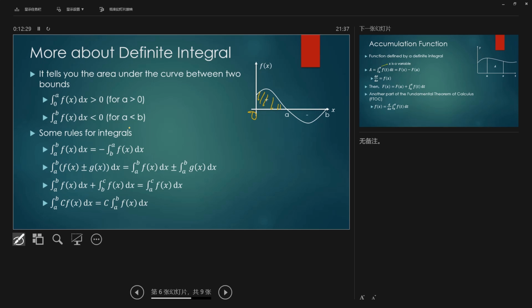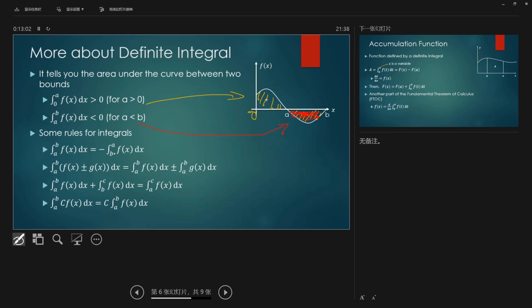However, if the integral is negative, it's the area under the curve, under the x-axis, sorry. You see what I've marked here? Alright, we just use a different color here. So for this one, it's the area under the curve, and for the upper one, it's positive. Okay, it's over the x-axis.